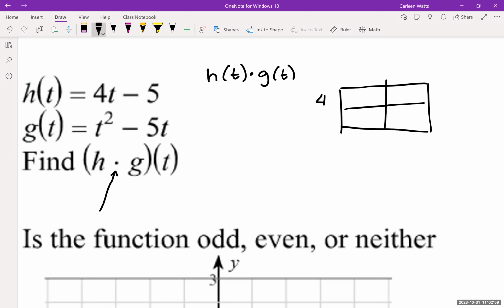So h of t and g of t. I'm going to multiply them together. Okay, fill in the box. For t, what's the exponent going to be on this t? 3.